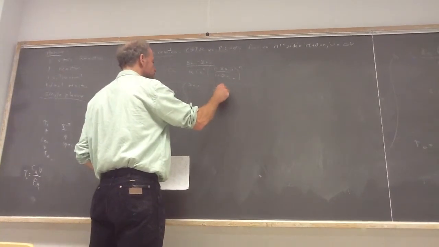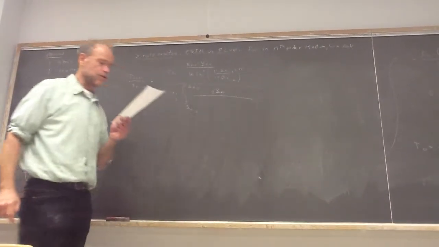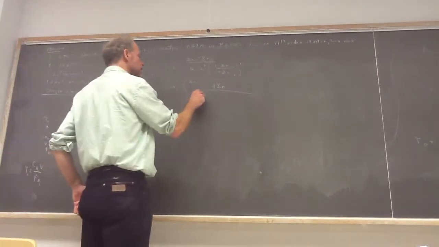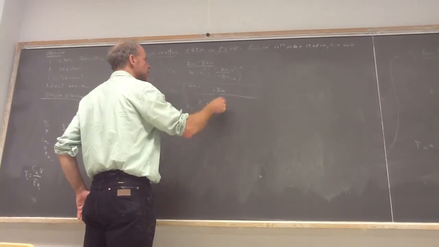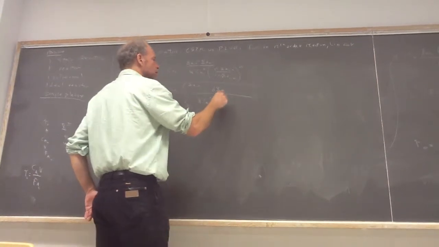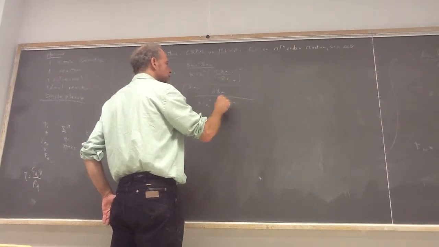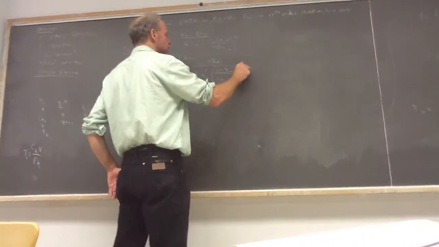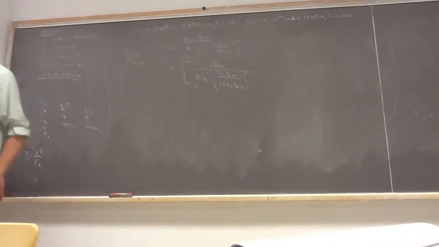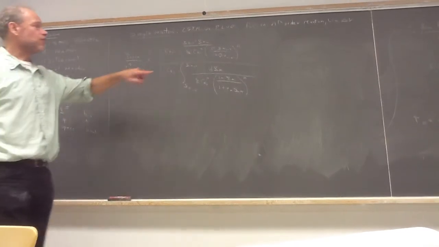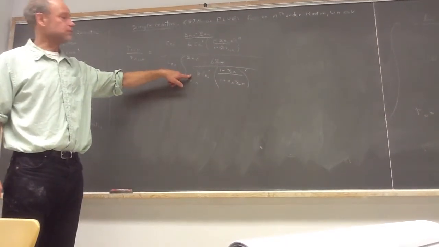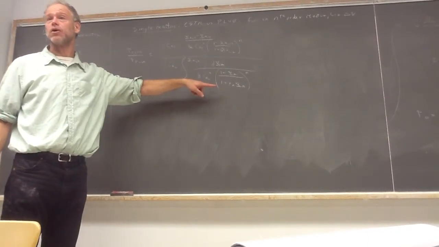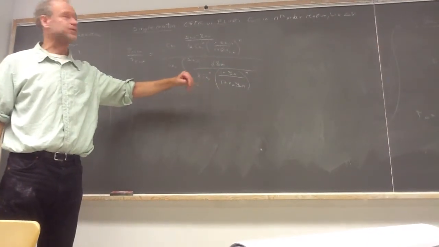dXA over minus RA. So that's K CA0 to the n times 1 minus XA over 1 plus epsilon A XA to the n. But remember, this is continuous in the sense that the integrand, 1 over minus RA, is varying with position.